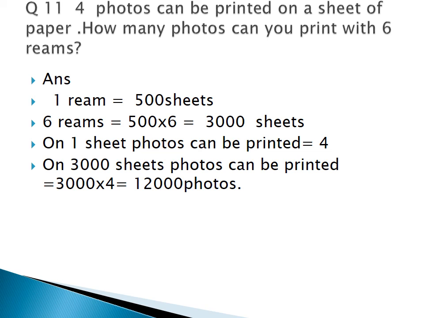On 3000 sheets, photos can be printed is equal to 3000 multiplied by 4, 12,000 photos. How many photos you can print? 12,000.